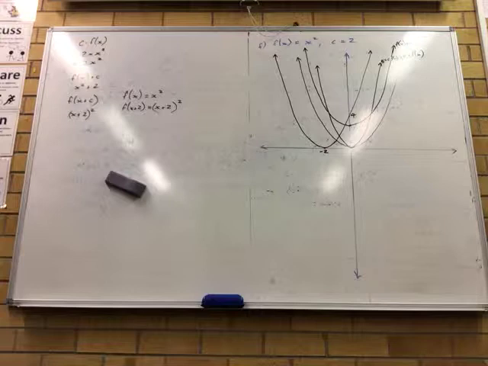Right. Any questions? Does everyone understand what I'm trying to show you? Okay, use it if you want. Otherwise, you know the skills to be able to graph your linear functions and your parabolas by using your intercepts.